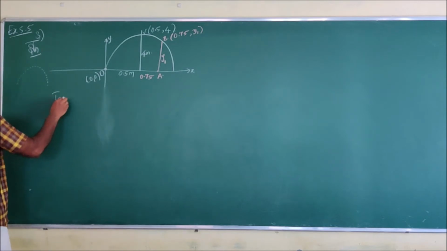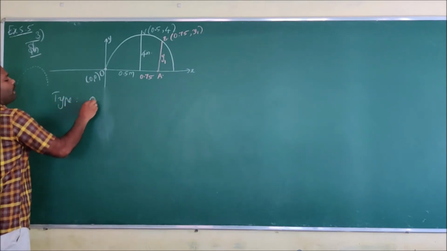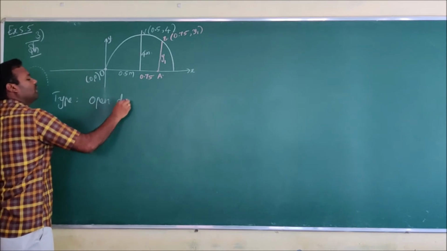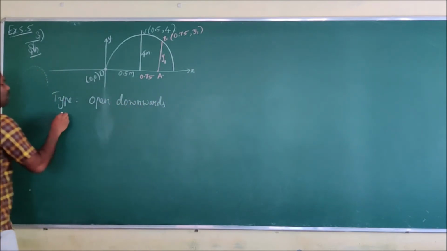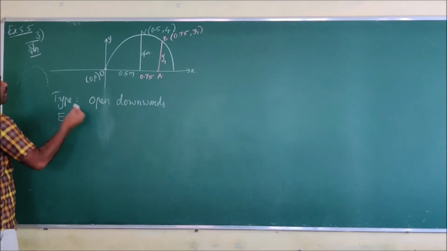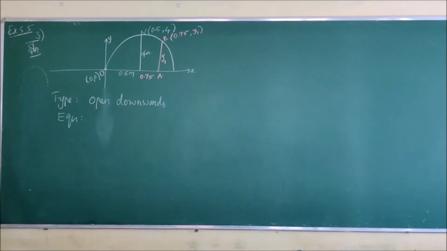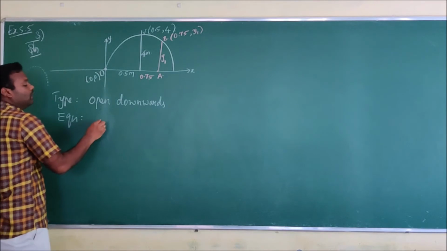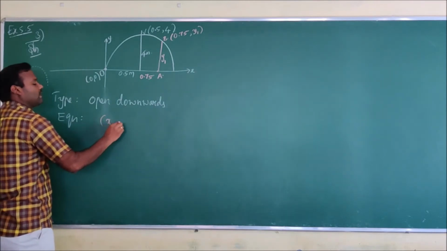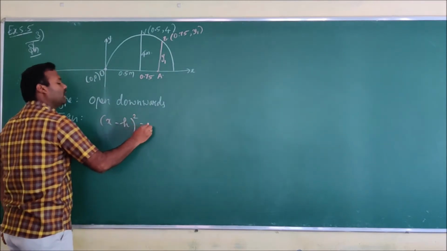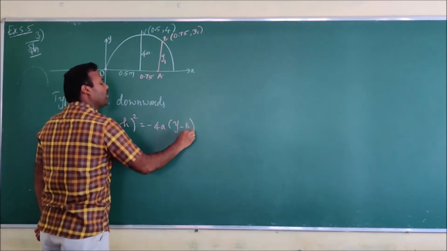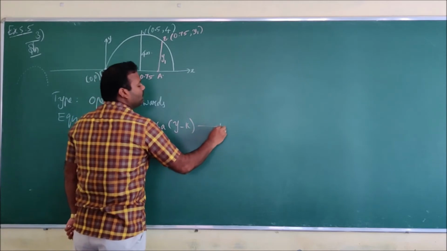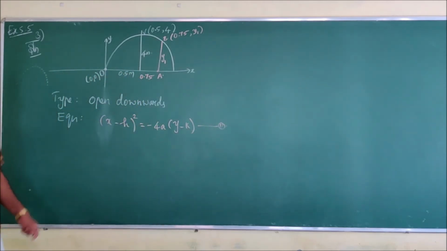The type of parabola we are going to use is the parabola open downwards. We know the equation for the parabola which is open downwards, but it is the non-standard type. So non-standard type means x minus h the whole square is equal to minus 4a into y minus k. So this is the first equation you are having.